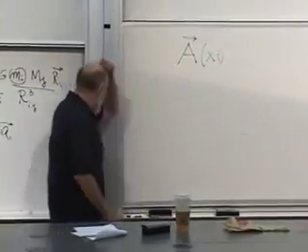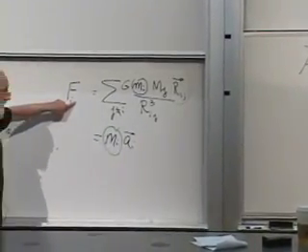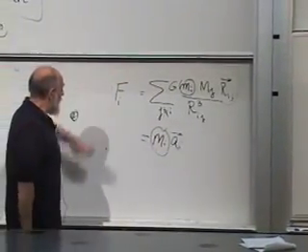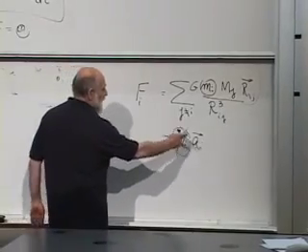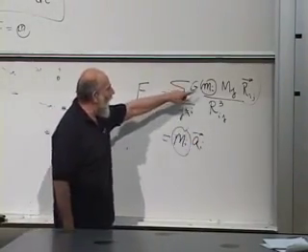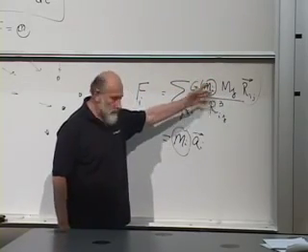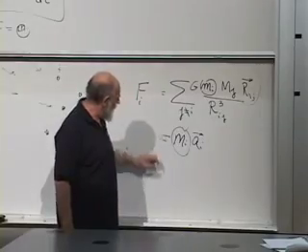We can even work out what it is. We know what the force on the ith particle is. The force on a particle is the mass times the acceleration. So if we want to find the acceleration, let's take the ith particle to be the test particle. Little i represents the test particle over here.